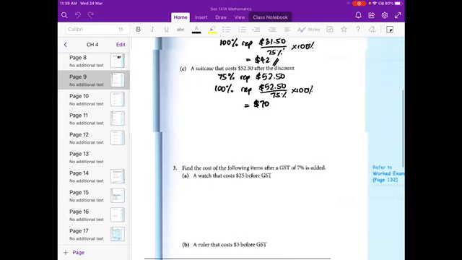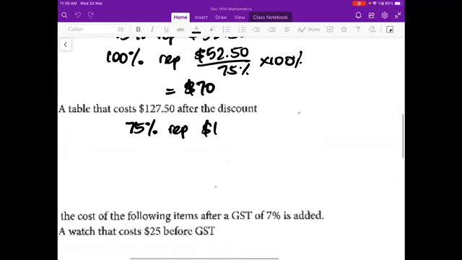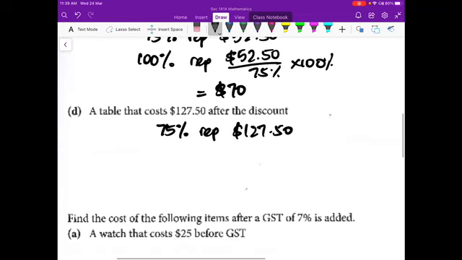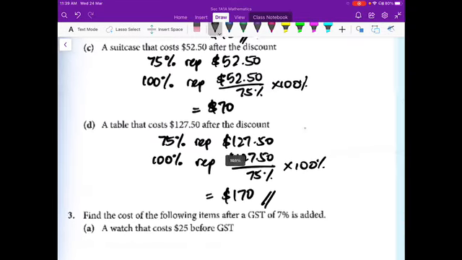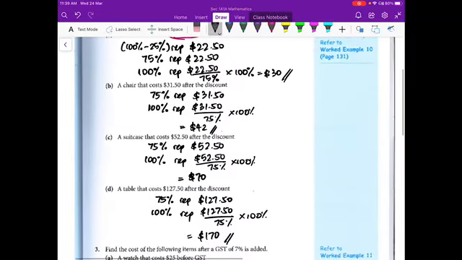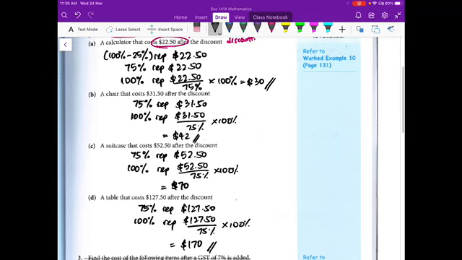127.50. So 100%, 127.50 over 75% times 100%. 170, yeah? Okay, finish. All correct.